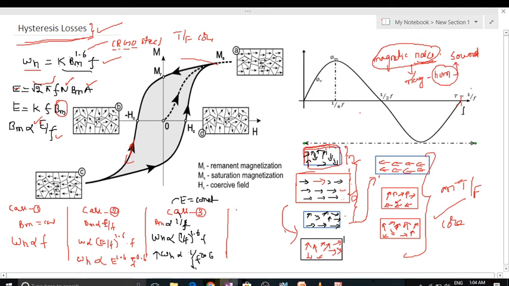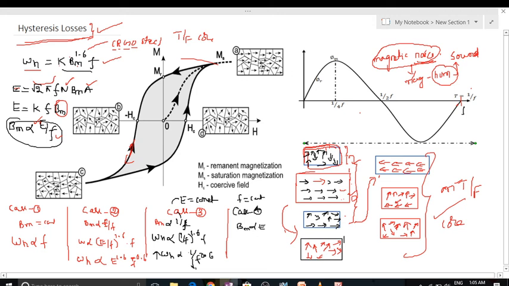For case 4, I am assuming F is constant and E is variable. Then B max is directly proportional to E only.